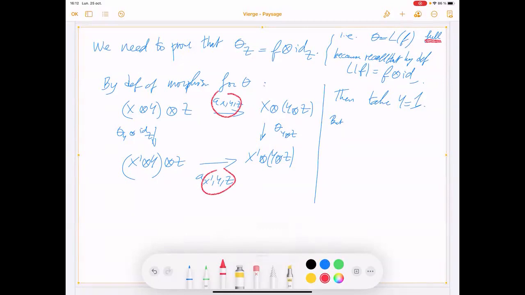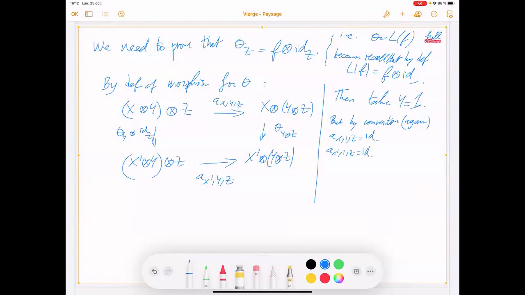So by convention again, x1z equals identity, x prime 1 z equals identity of something.